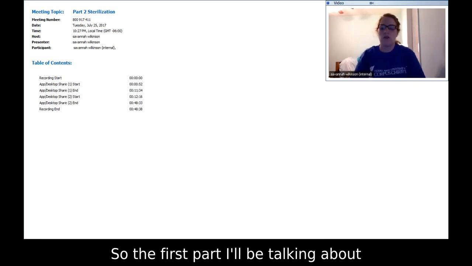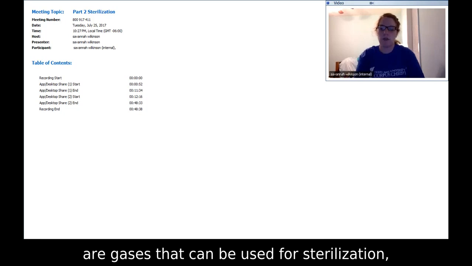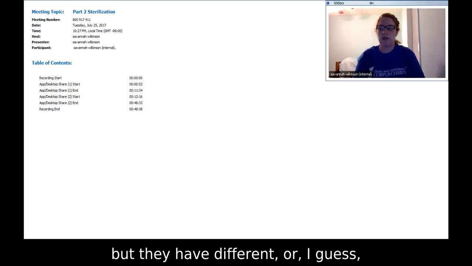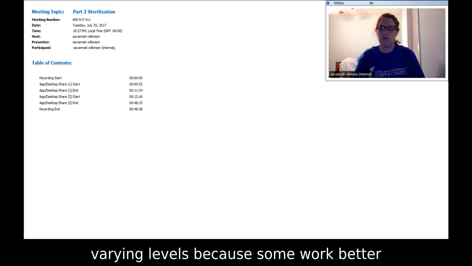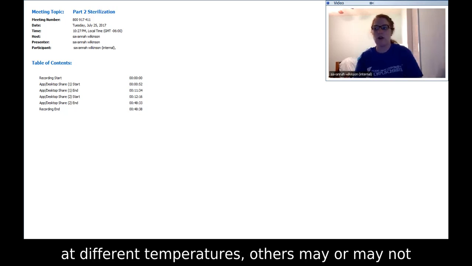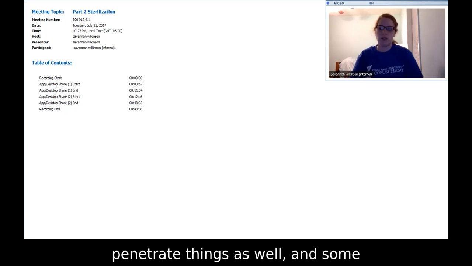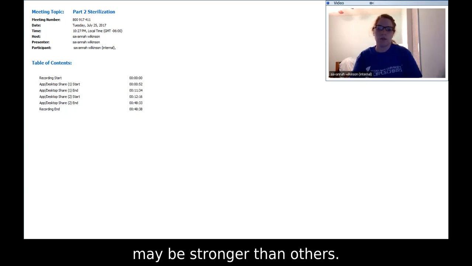Okay, so the first part I'll be talking about are gases that can be used for sterilization, but they have varying levels because some work better at different temperatures, others may or may not penetrate things as well, and some may be stronger than others.